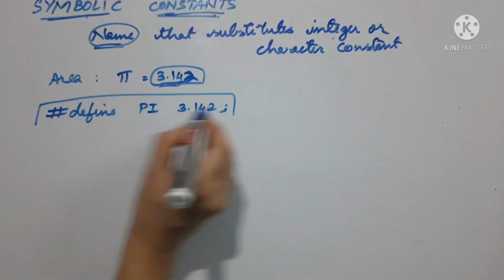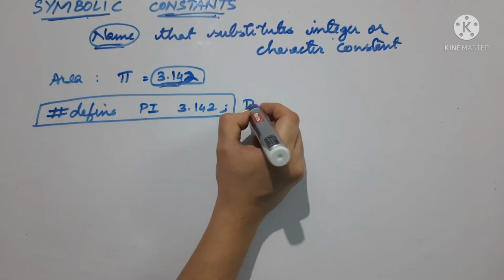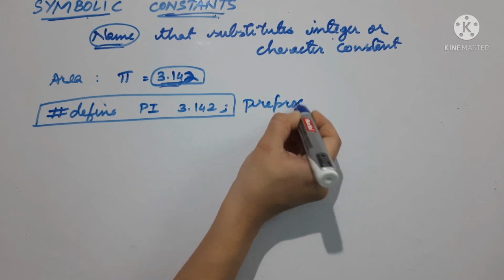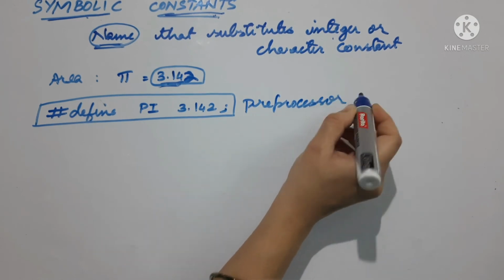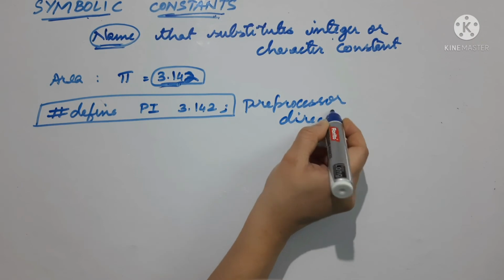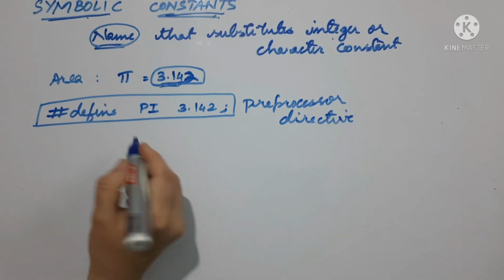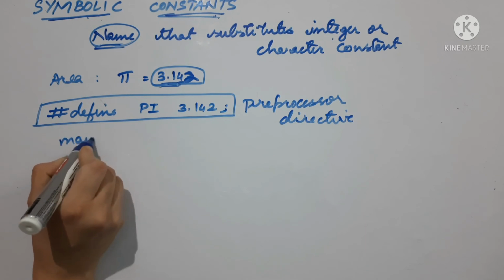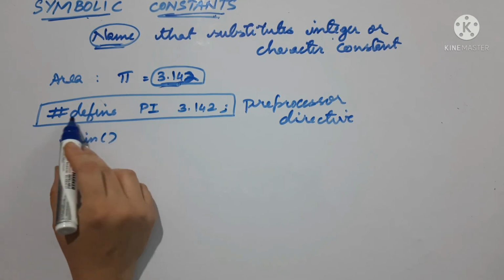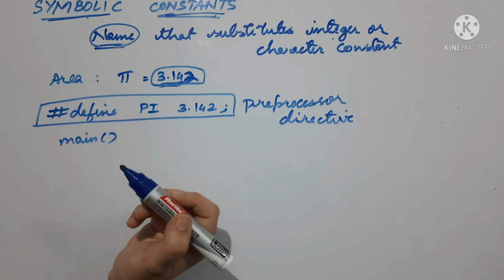So this is a preprocessor directive. Where do we mention the preprocessor directives? Always above the main function. So before my main function starts, I will mention hash define pi 3.142.